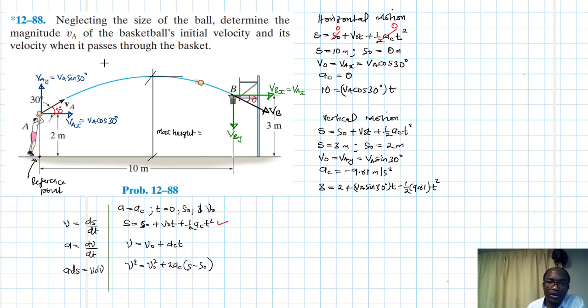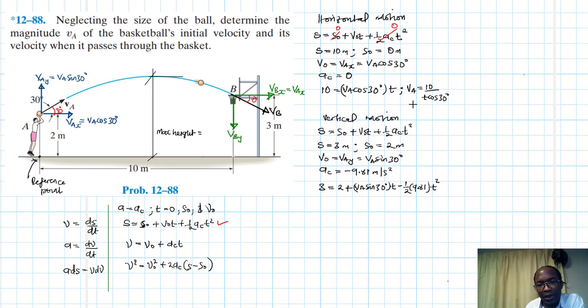So we have two equations. From this, I'm going to make VA the subject of the formula. I'll say my VA is going to be equal to 10 divided by T cos 30.